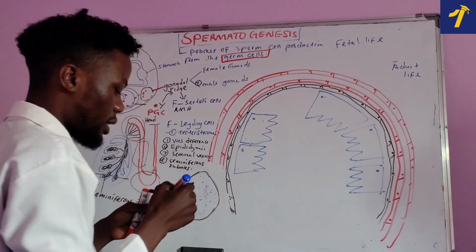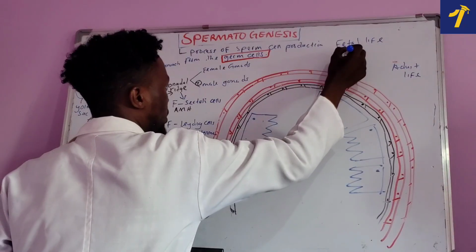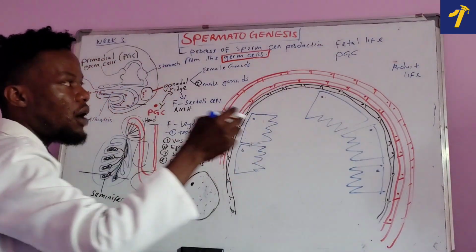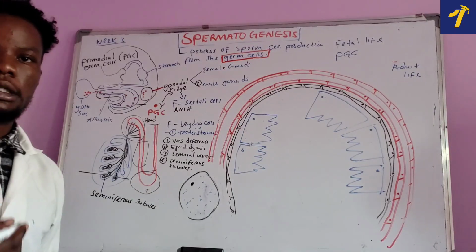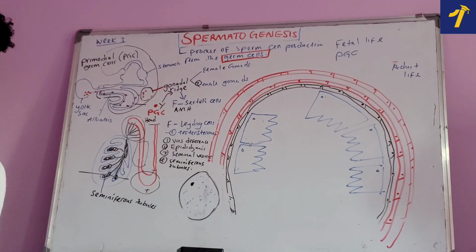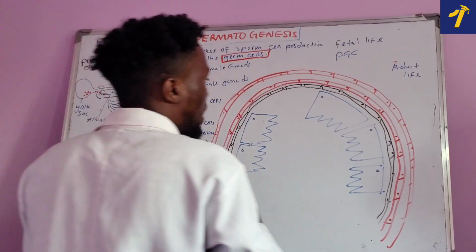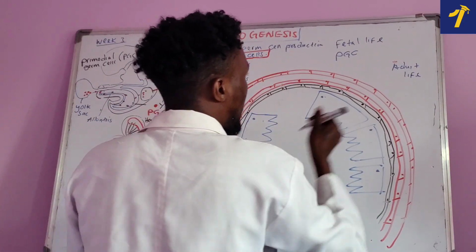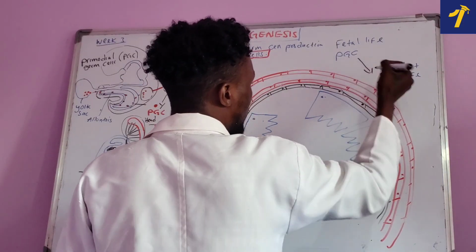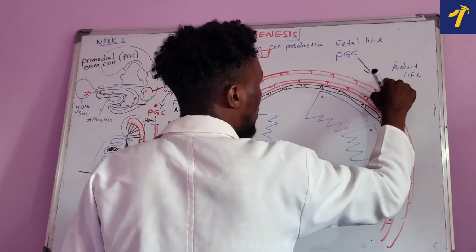Let us understand something. In fetal life, the type of germ cells that we're talking about is primordial germ cells. But after birth, the primordial germ cells are going to differentiate into something important, which we call spermatogonia.